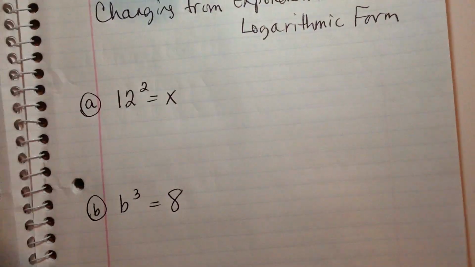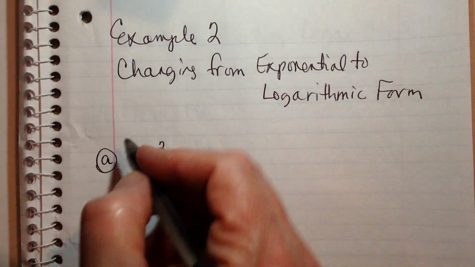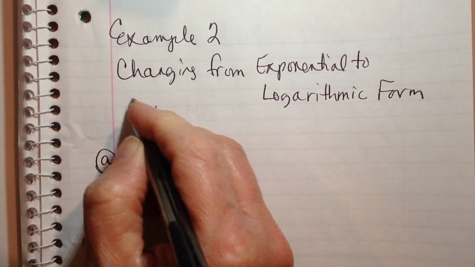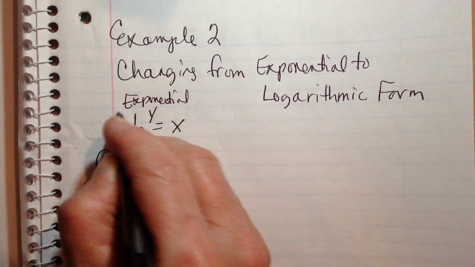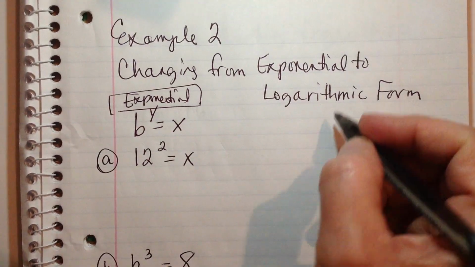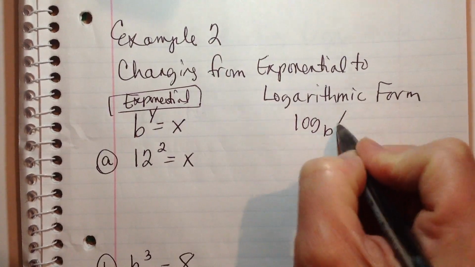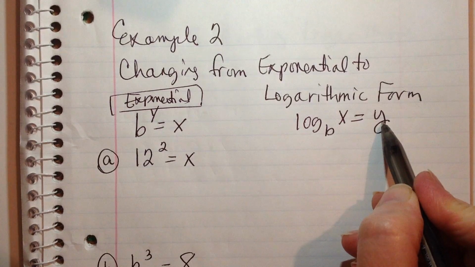Now, let's change from exponential to logarithmic form. So here we have exponential, b to the y power equals x. This is exponential form, and we're going to logarithmic form. Remember, log base b of x equals y. Remember, y is your exponent.